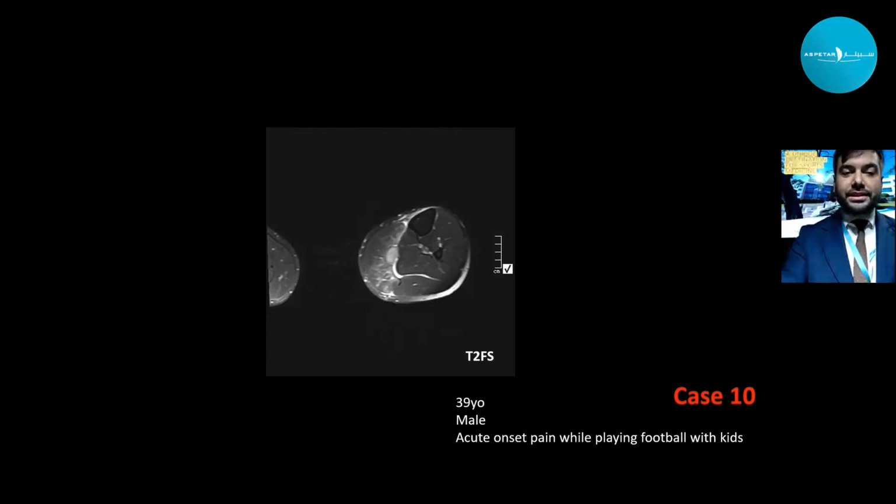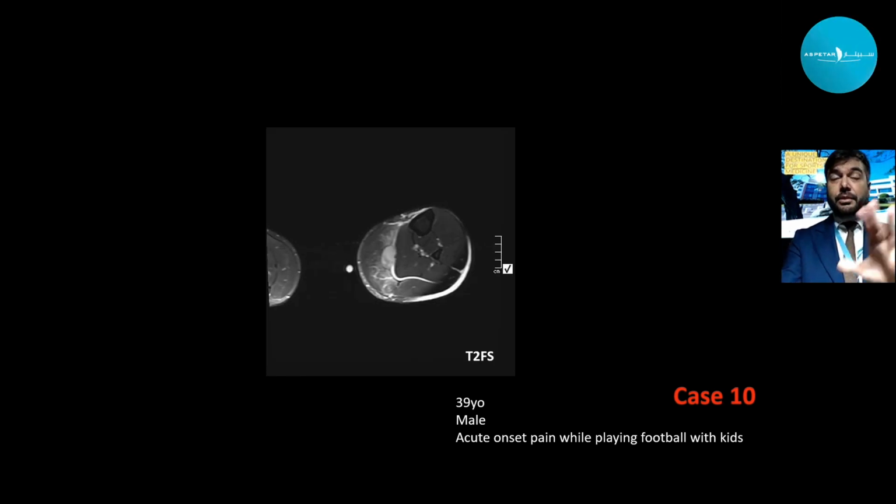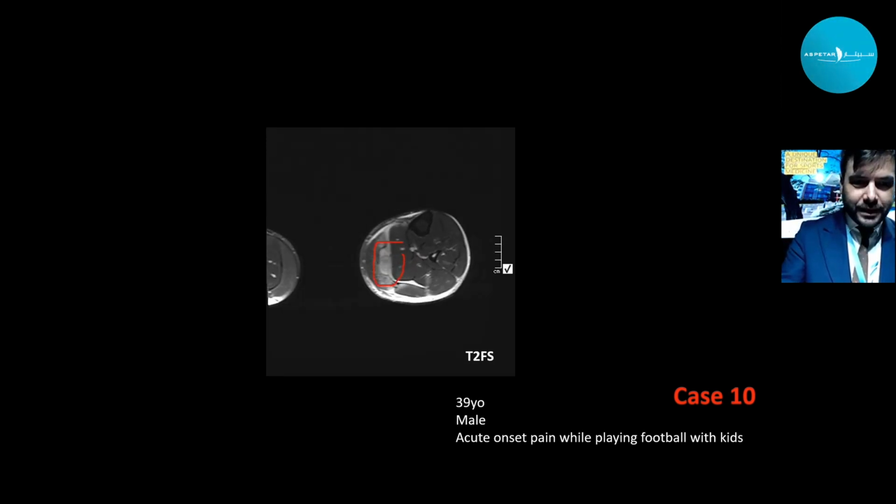This is a 39-year-old male with acute onset pain while playing football with kids. This type of injuries of the medial gastrocnemius normally affect people starting at 40 years, more or less. I consider this injury a midlife crisis injury. Here we have the muscle hematoma.